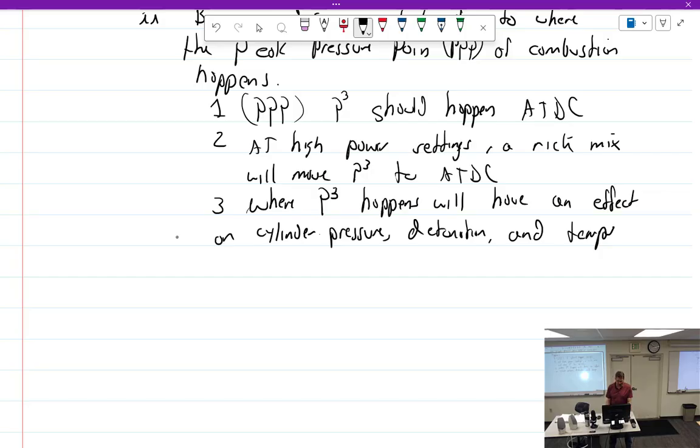And we're talking about temps now. So that means we're kind of out of that little section right there. So you follow the peak pressure point. We've got that, we have rich mixtures, we have lean mixtures, we have a best power mixture. Okay so far? All right.